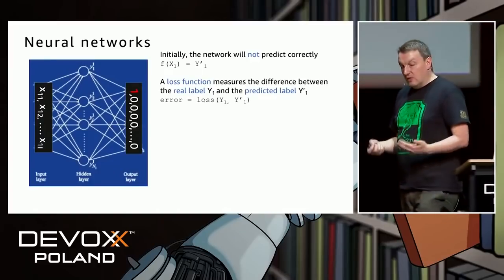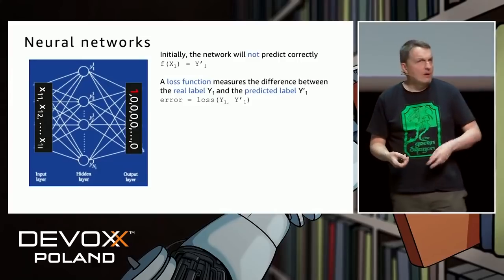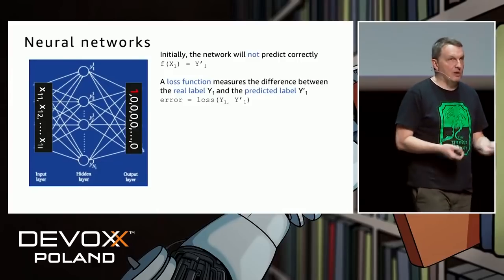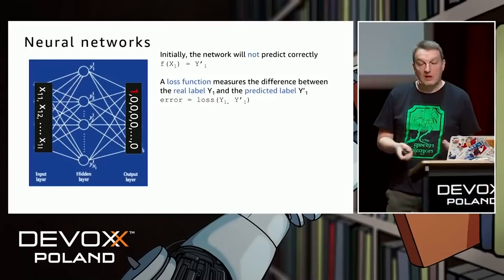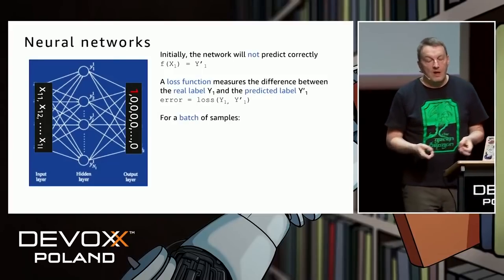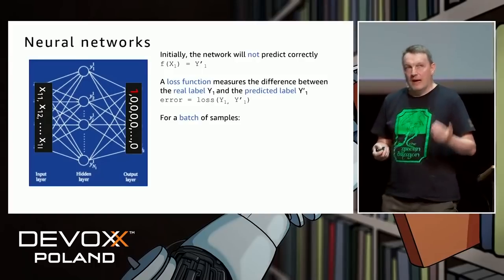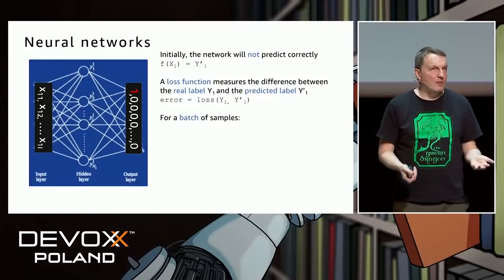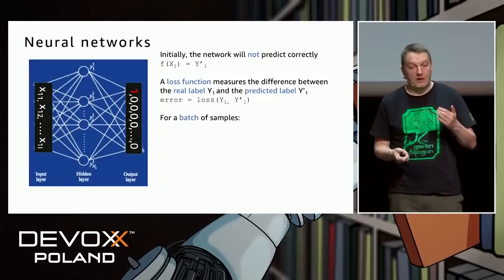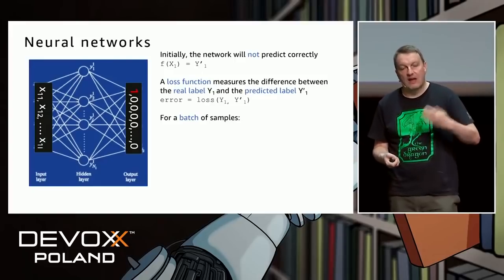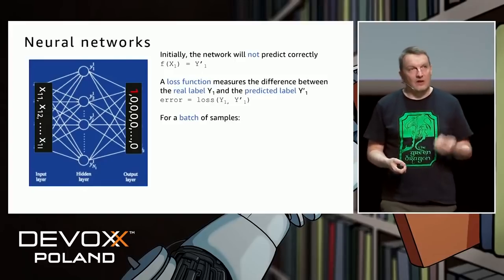So this loss function will give us the error, okay? Just a numerical value measuring the error, the distance, so to speak, between the two vectors. So actually, we're not going to do this sample by sample, okay? Imagine you have 10 million samples in the data set. It takes too much time to process and train on every single one.